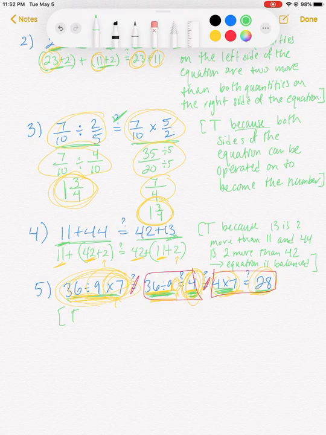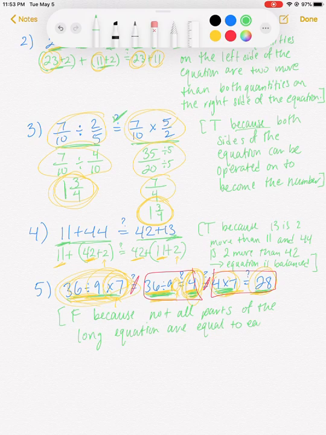Okay, so that's going to be false, because not all parts of the equation, the long equation, are equal to each other. Okay, so they need to be all equal to each other if you want to make this equation and not violate the use of the symbol of the equation. Okay, so all right, so there's a couple of explanations for some of the homework problems, and that will help you get started on that.